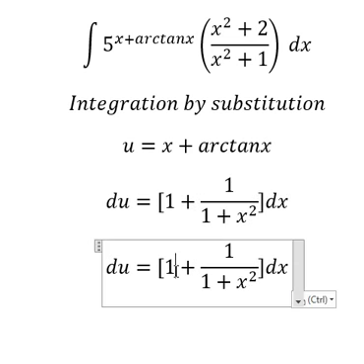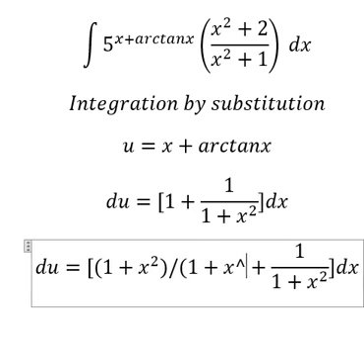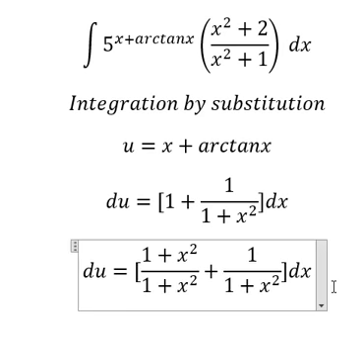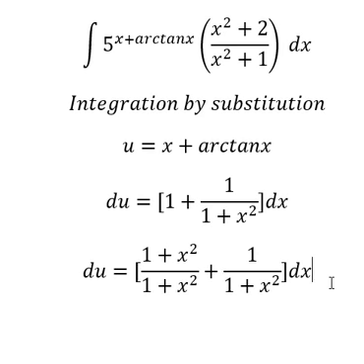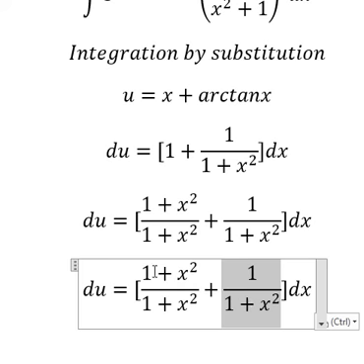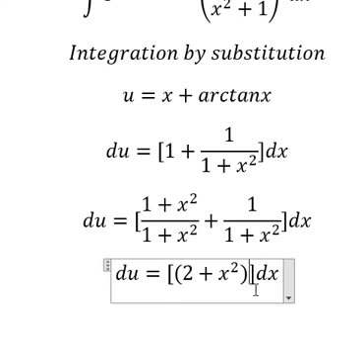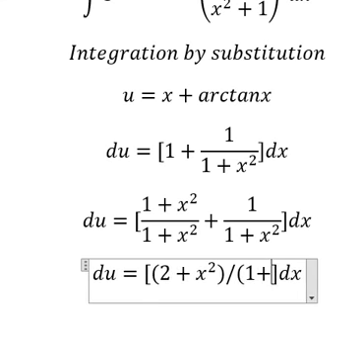Number 1 is 1 plus x squared over 1 plus x squared. So this one plus this one, and we will have 2 plus x squared over 1 plus x squared.